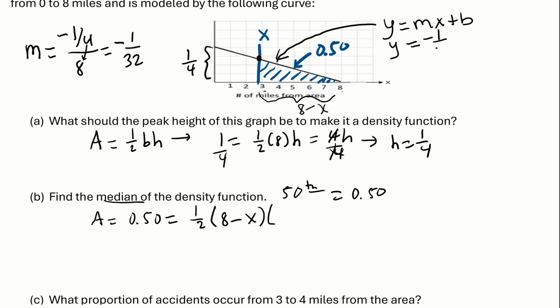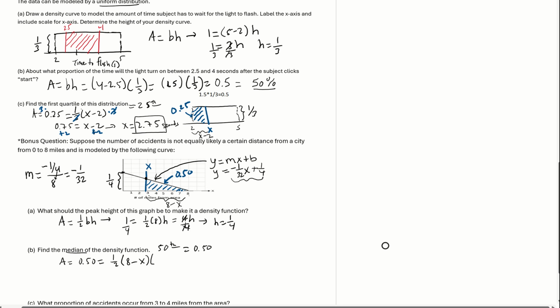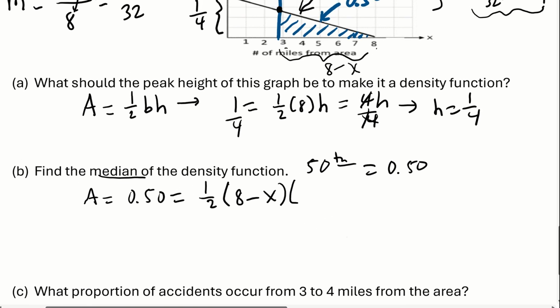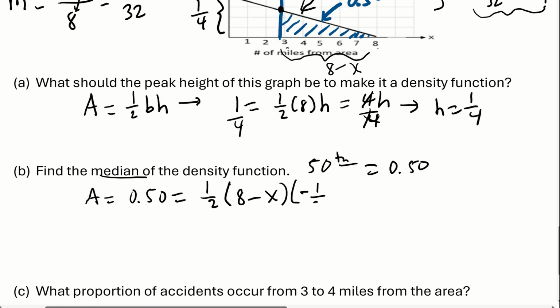So there's your slope. And b is where it crosses the y-axis, which is at 1/4, so plus 1/4. This is my b. There's my equation, and my height is given by this equation; that's the height at x. So we got 1/2 base times height. Going back to the problem, we said it was negative 1/32x plus 1/4.